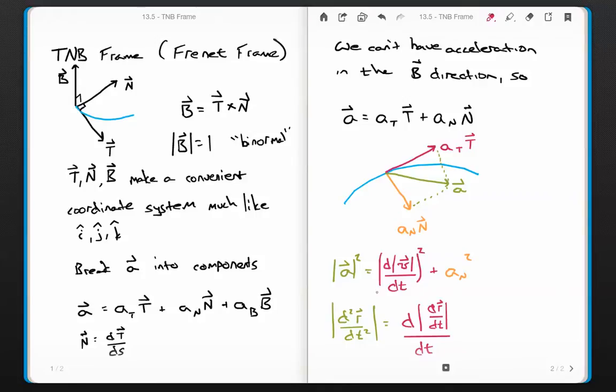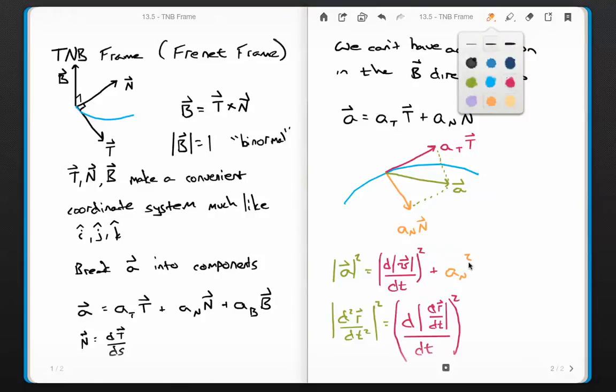And then I square that. Oops, I forgot to square this first one. And then I have to square the second one. Now, while these are cumbersome to do, they're very doable. It just becomes an algebra fest.